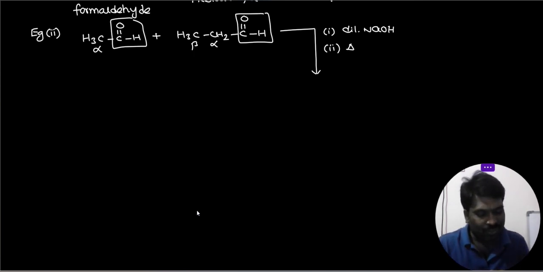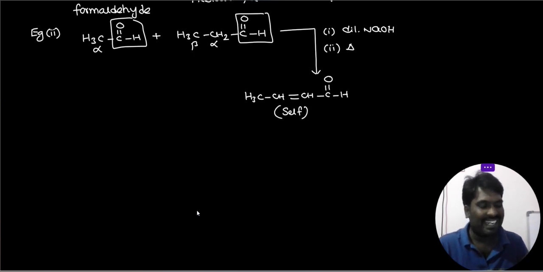Understood? Now, if you take 2 acetaldehyde molecules, CH3CH, from one acetaldehyde the oxygen, from another acetaldehyde the alpha hydrogens. Always you have to remove alpha hydrogens. This is obtained from 2 moles of acetaldehyde.